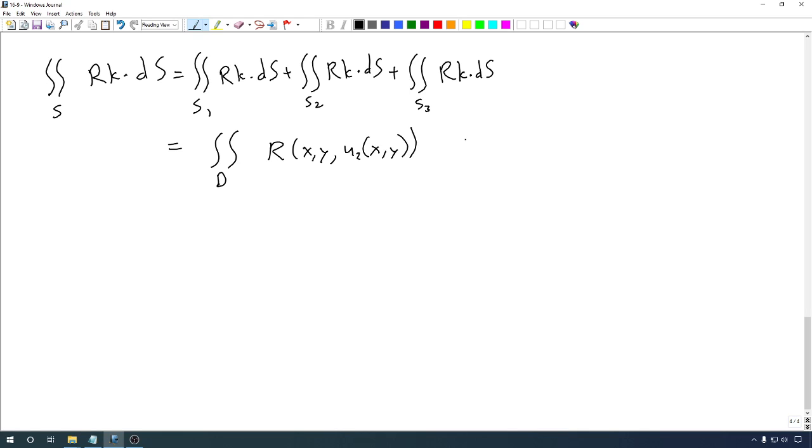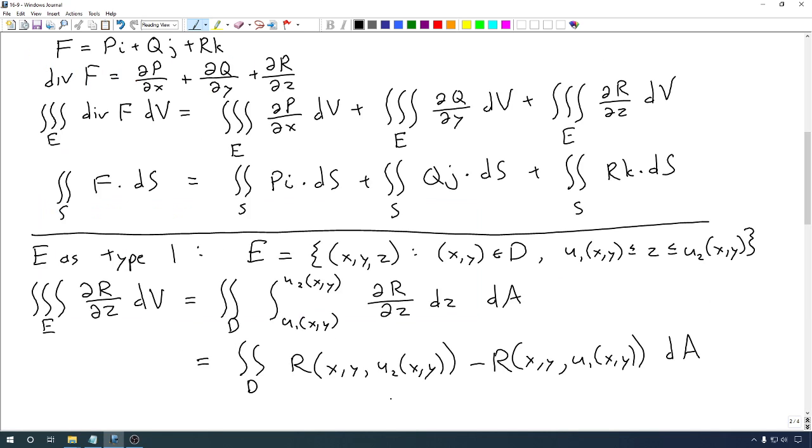This one was the integral of R of x, y, u1 of x, y, but it was negative, so it's subtracted. But if we look at this, this is exactly what we had back here. This double integral here was the triple integral of the derivative of R with respect to z, which is exactly what we were trying to show.